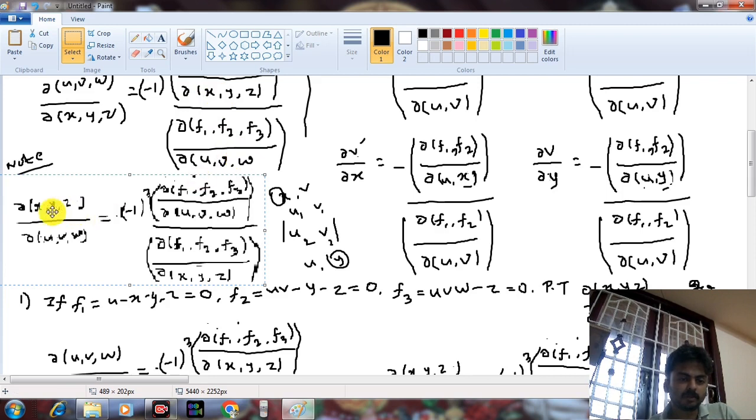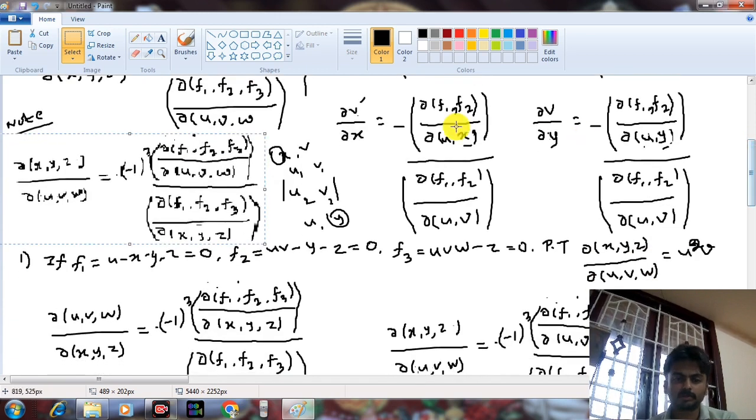If I have uvw by xyz, uvw will be in the numerator's denominator and xyz in the denominator's denominator. So this is your note. You have to make use of this note.